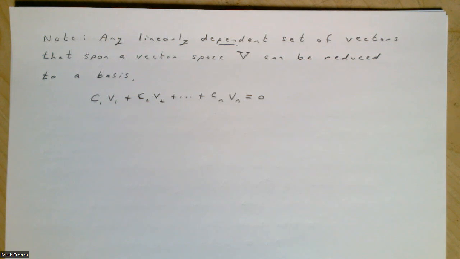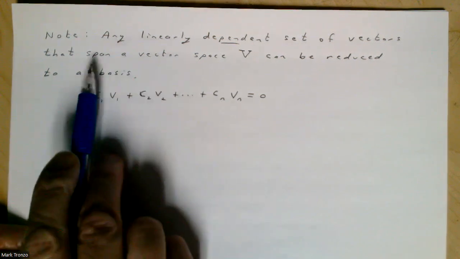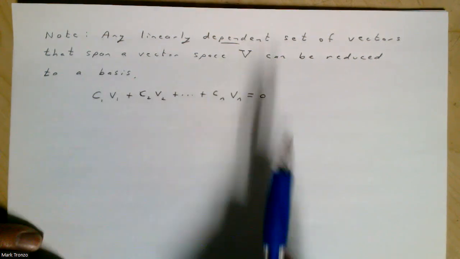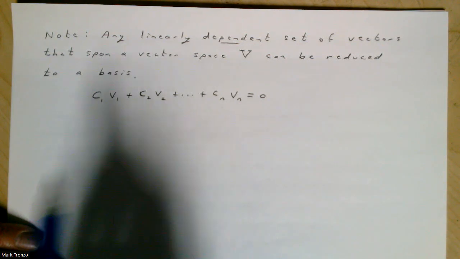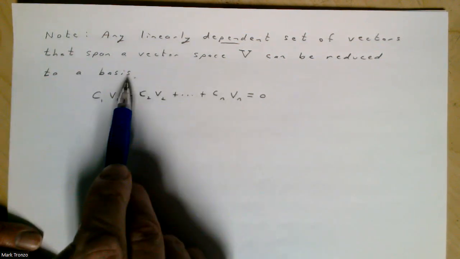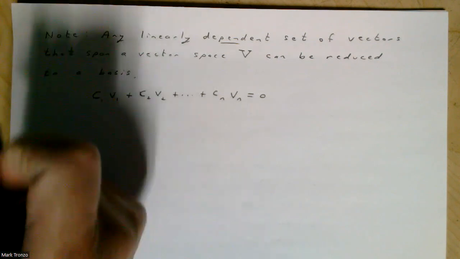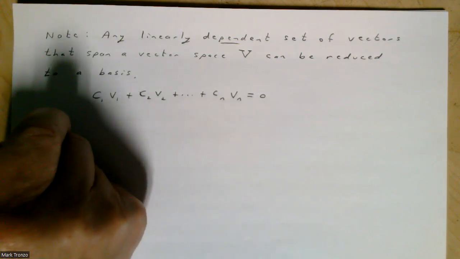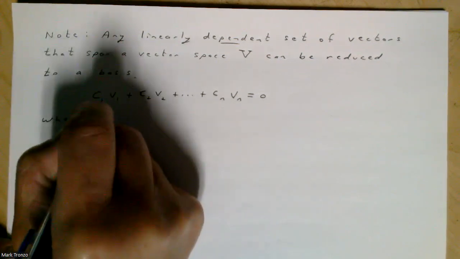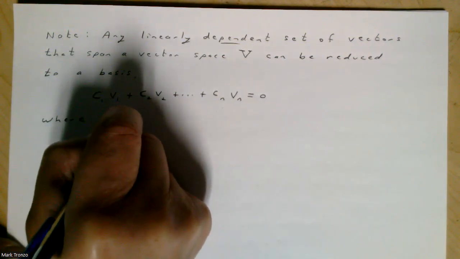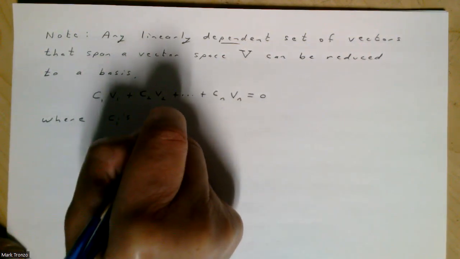And then let's say it's still linearly dependent, but again, the set spans the space. So let's say you have something like this, where the C's are not all 0.